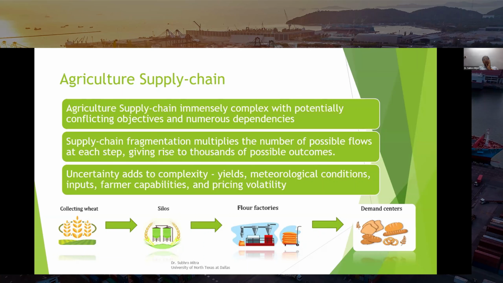Based on the traditional supply chain, we can divide this into two parts. The upstream would be the farm or production location, and also the silos. The downstream would be the factories and the demand center.